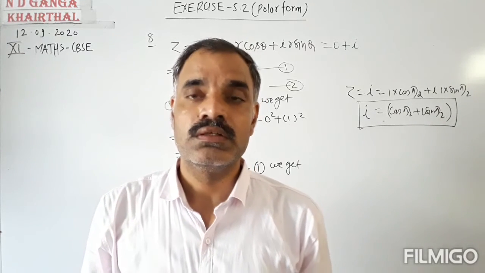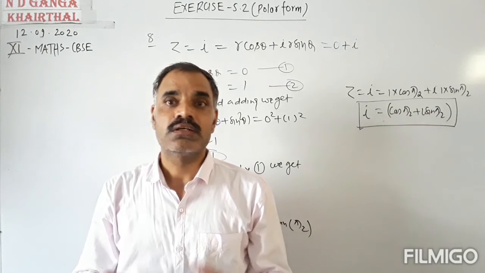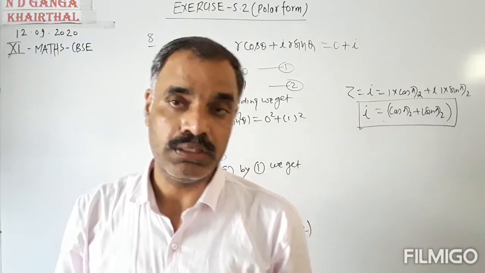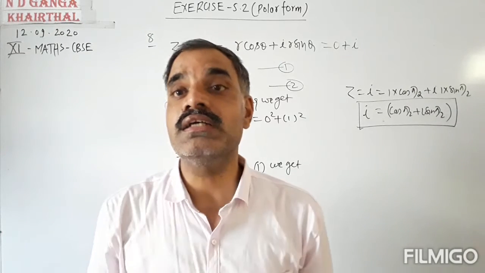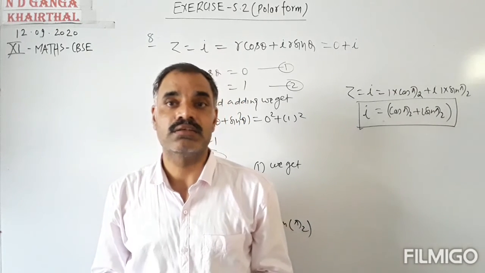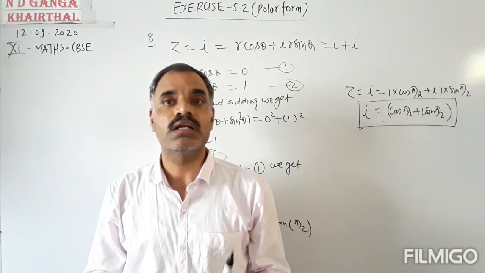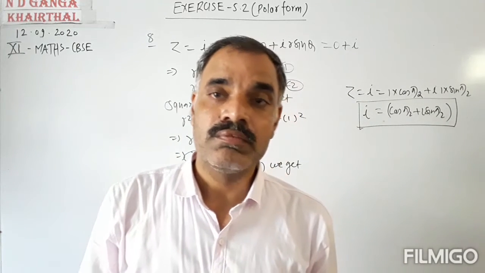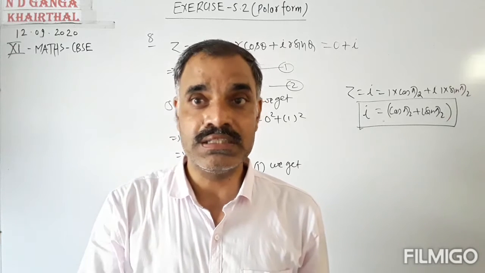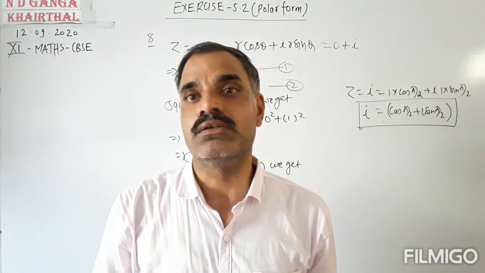Now we will start the next topic, that is quadratic equation. Students, in class 10th we have already solved quadratic equations for the discriminant D greater than or equal to 0.